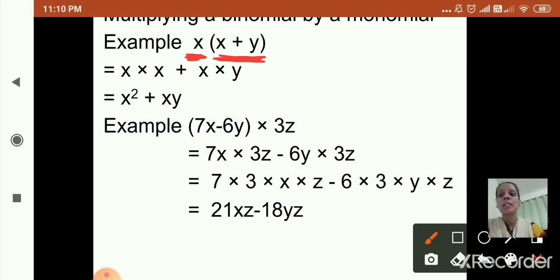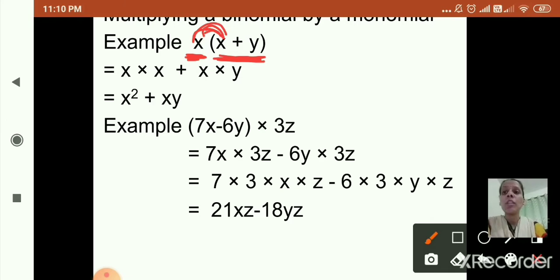So x in bracket x plus y, x multiply by x plus y. Now how will we do the multiplication? The first step, x multiply by x: you will multiply the x which is outside with the x which is inside the bracket first.